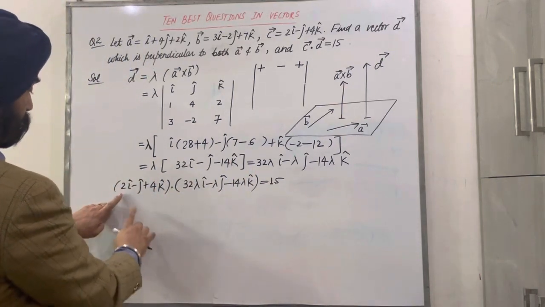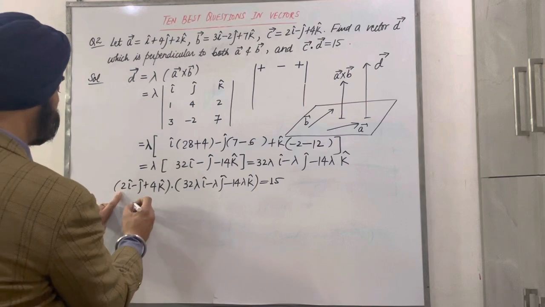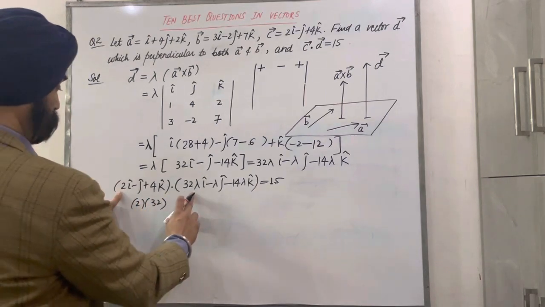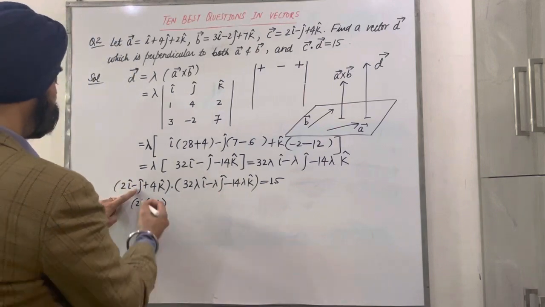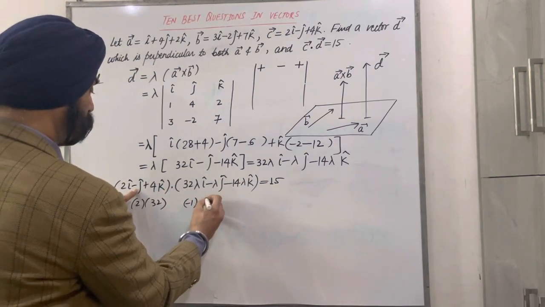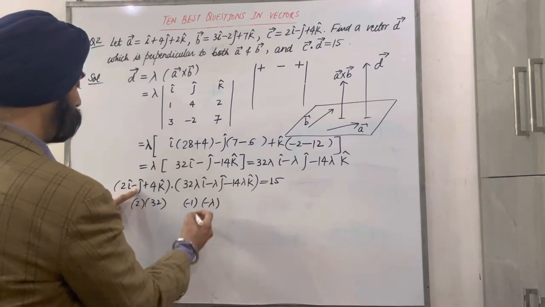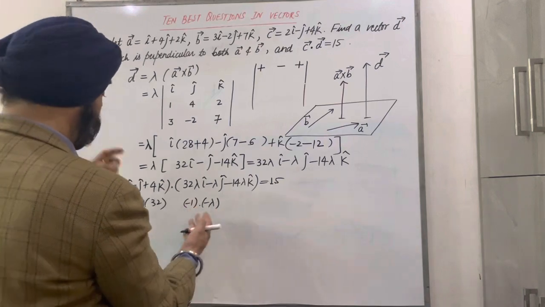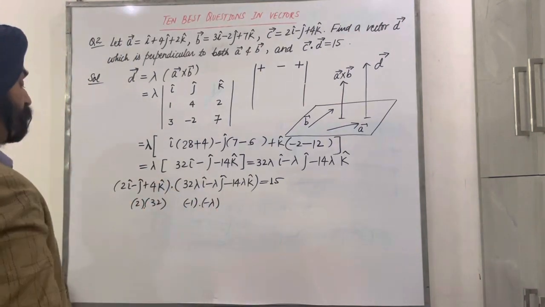So it is initially 2 multiplied by 32. Don't be in a hurry to solve, but do it correctly. So next is minus 1 attached with j, and with j we have minus lambda. Product in between. This is an ordinary product, because we are multiplying constants or scalars.